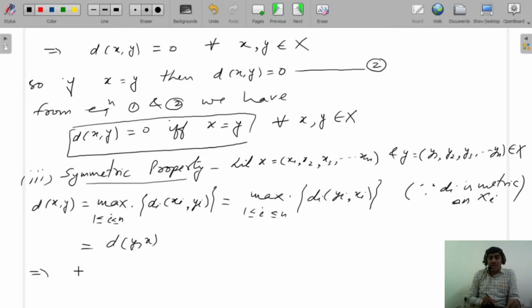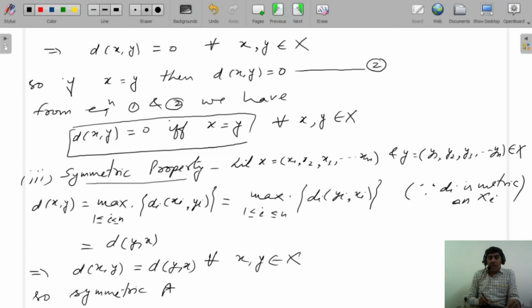This implies dxy is equal to dyx for every x, y belongs to capital X. So, symmetric property is also satisfied.